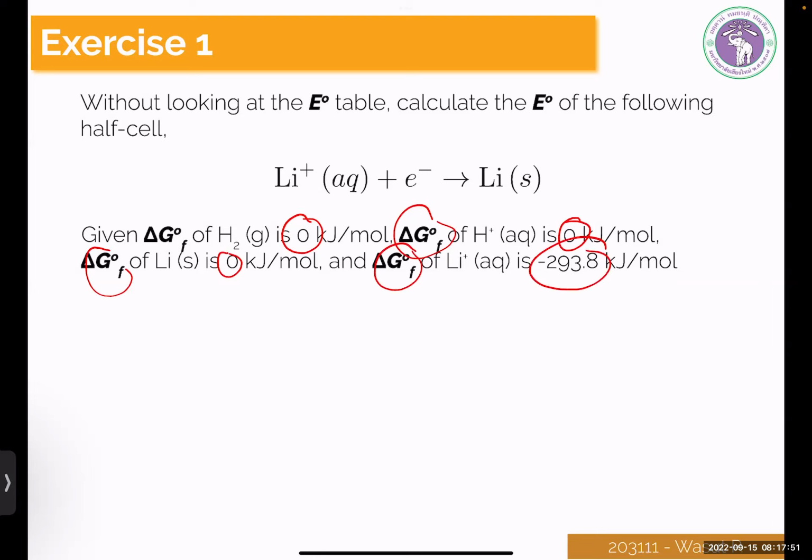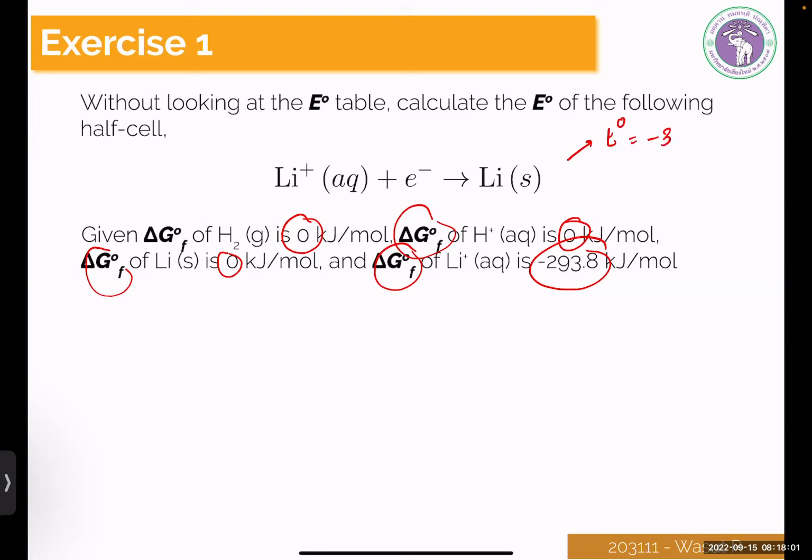Well, if you look at the table, I think the value of E naught of this is about minus 3 point something volts. Well, let's see if we can do that by calculation here.